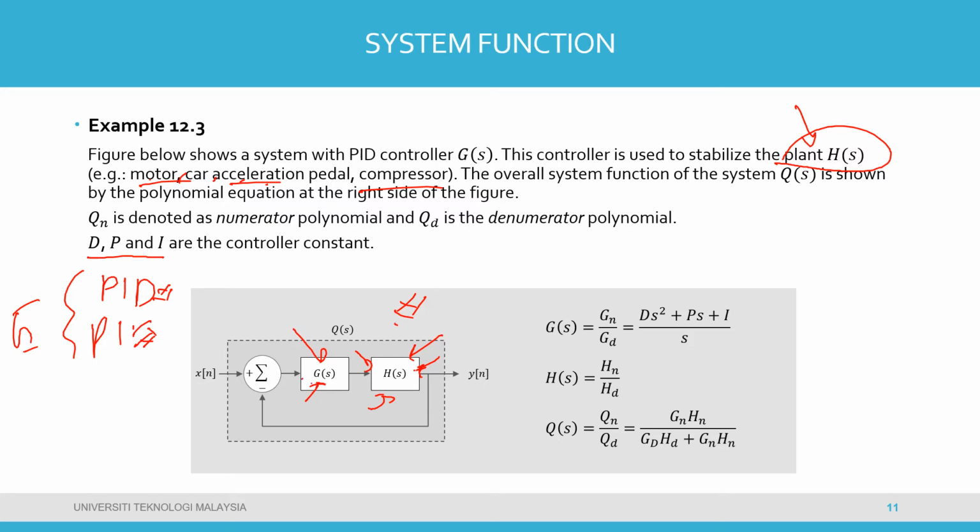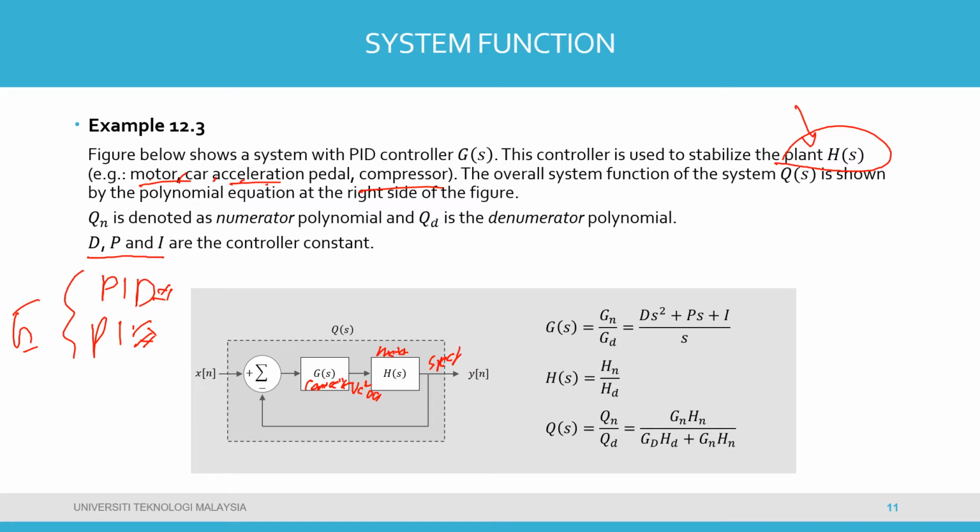Let me delete this. I give you an example of a motor. For example, you have speed, so you have the motor here, and you have voltage. This is the controller, either PI or PID, depending on you.